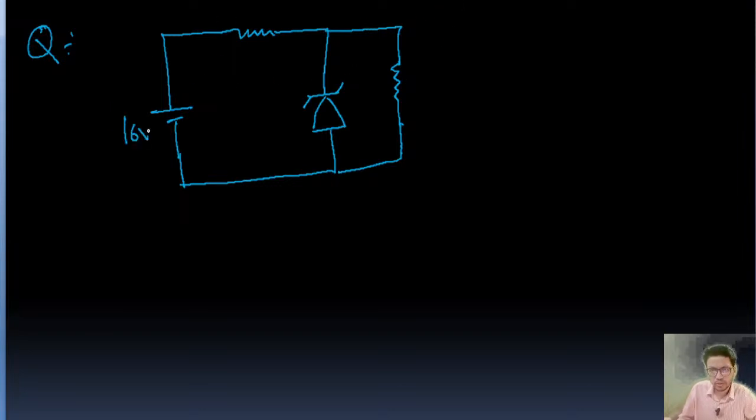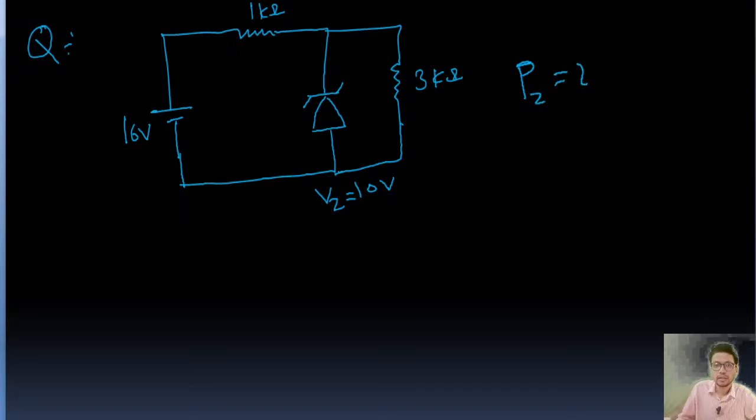This is 16 volt, this is 1 kilo ohm, this is 3 kilo ohm, this is VZ, this is 10 volt. And we need to find out PZ, that is the power of the Zener diode. So this is the question, guys.